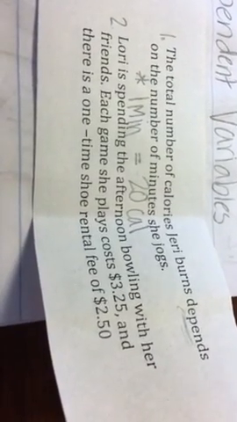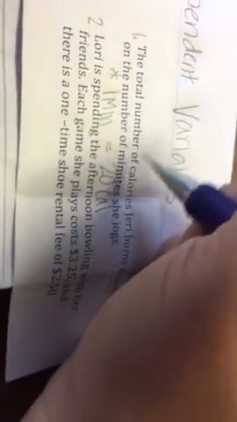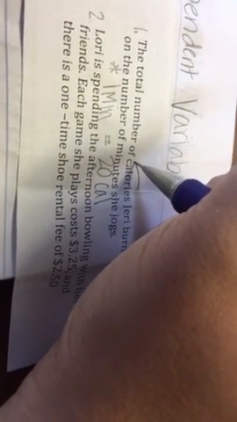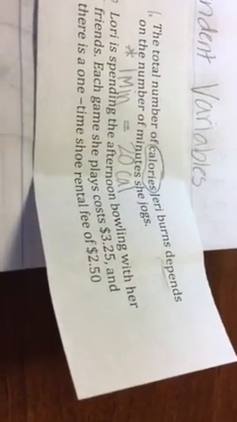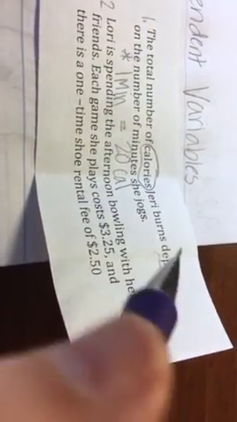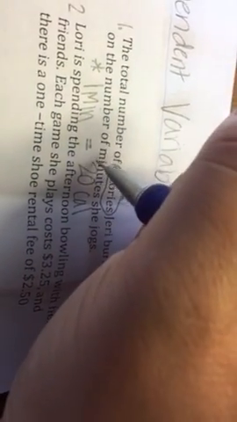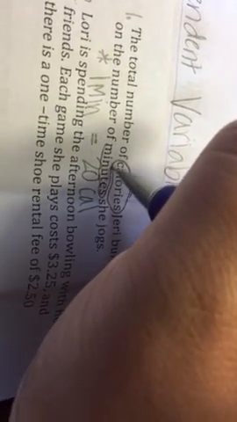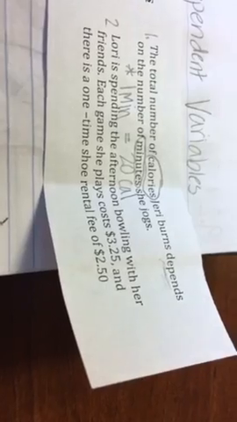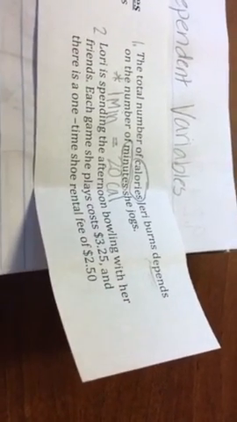What's our independent variable? The total number of calories that Jerry burns is going to depend on the number of minutes that she jogs. That's our other number, minutes. You need to ask yourself which one depends on the other, and which number can stand all by itself.